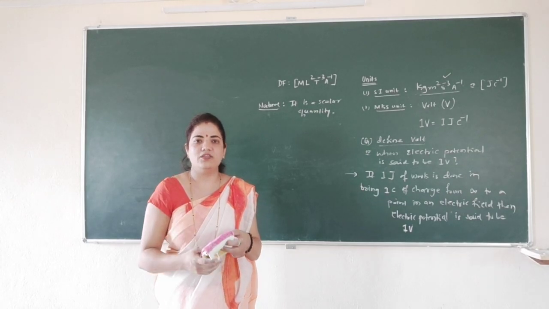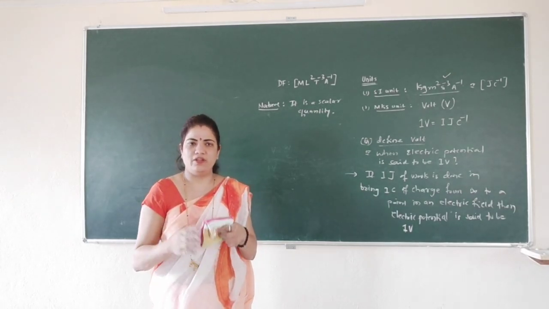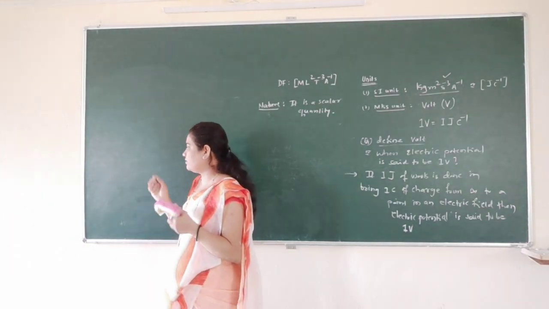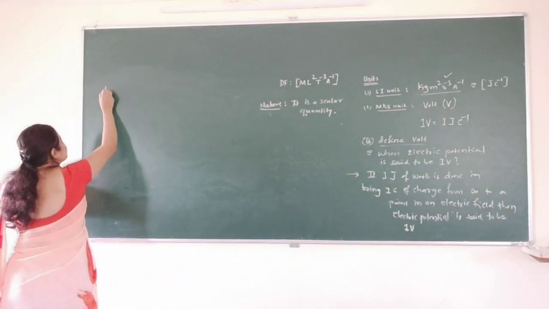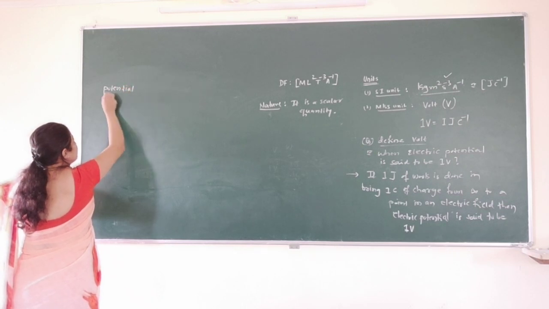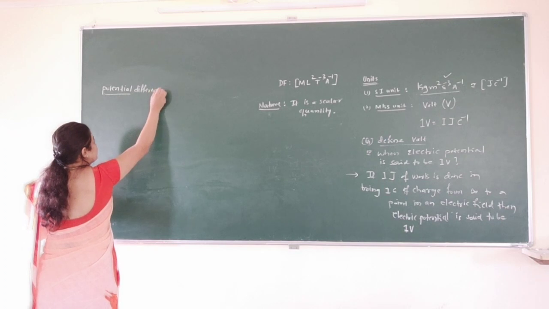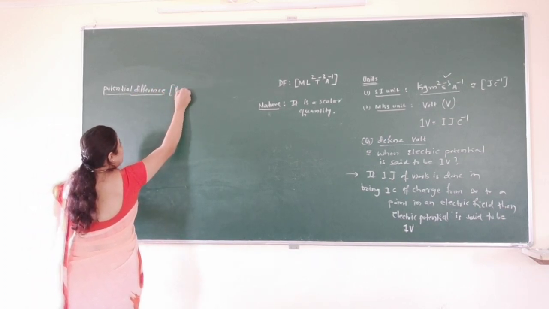Then the energy of those different charges is also different. There will be a difference in energy. The difference in energy itself is called potential difference. In short, we can write P.D.